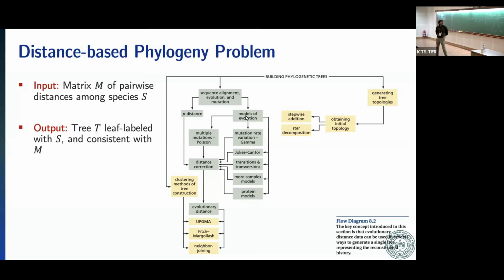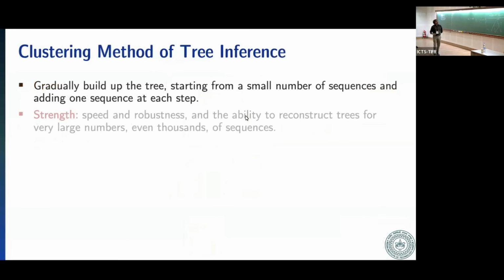The pairwise distance matrix is the input to your distance-based phylogeny algorithm. The output is a tree structure T where the leaves are labeled with different sequences, consistent with M, where M is the model of evolution.